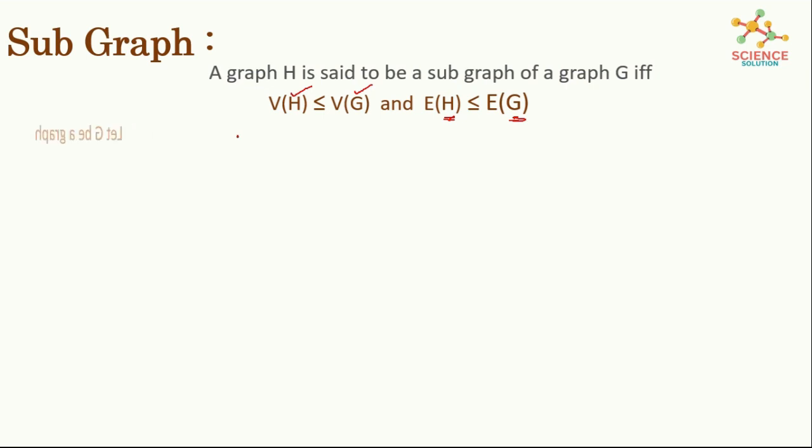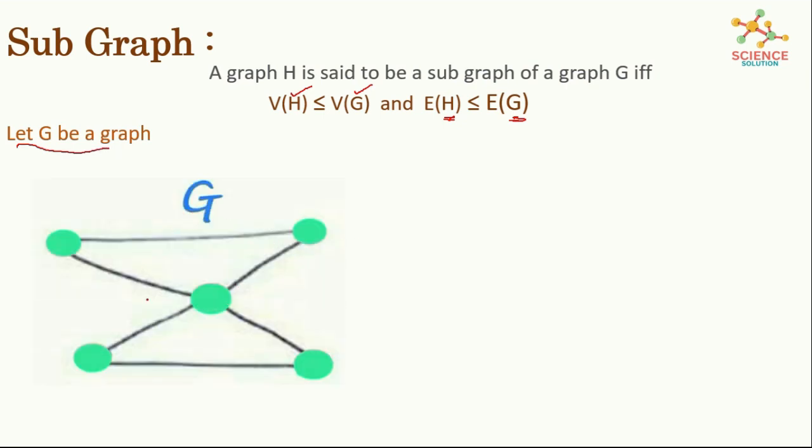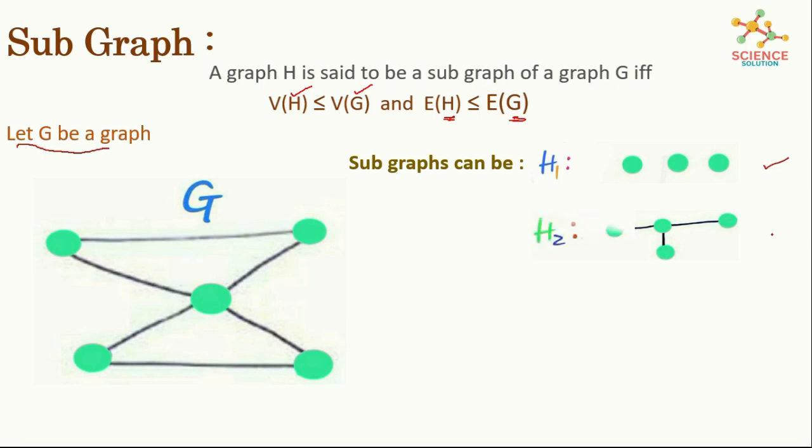Further we explain subgraph by an example. Let G be a graph having 5 vertices and 6 edges as shown in the figure. Then subgraphs can be H1, a graph of only 3 vertices having no edge, and the second subgraph H2 having 4 vertices and 3 edges.